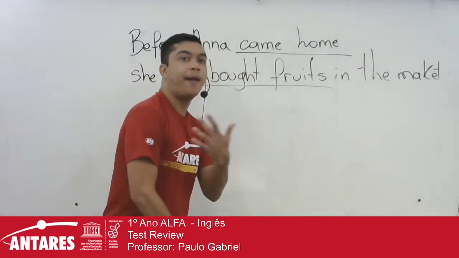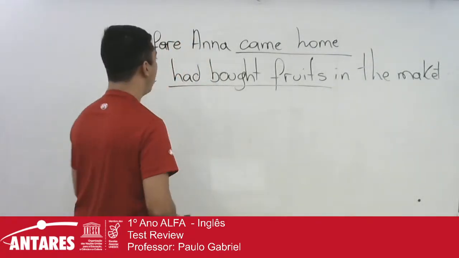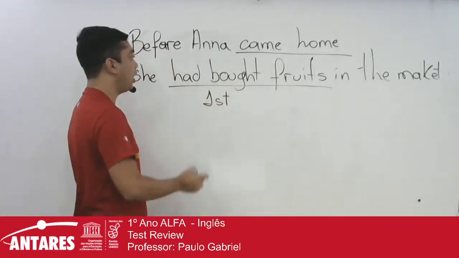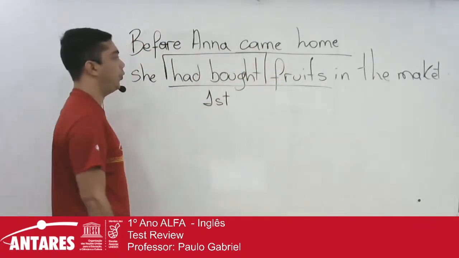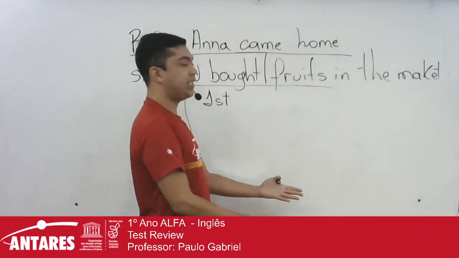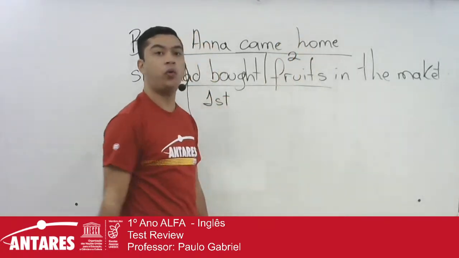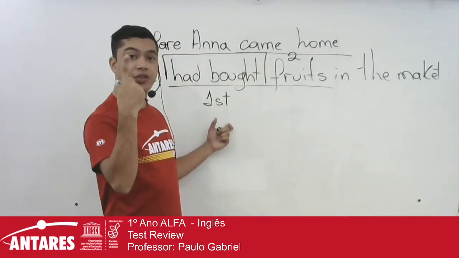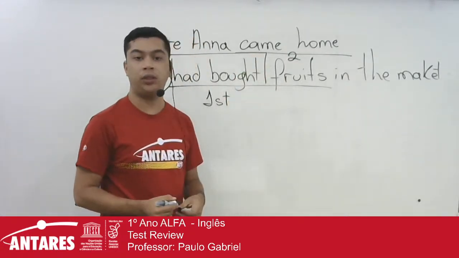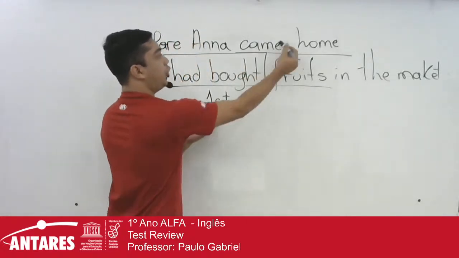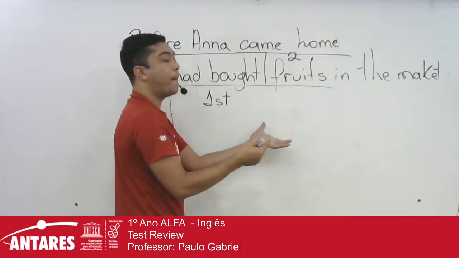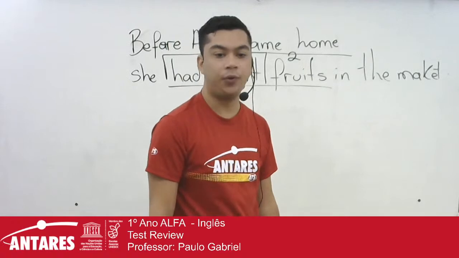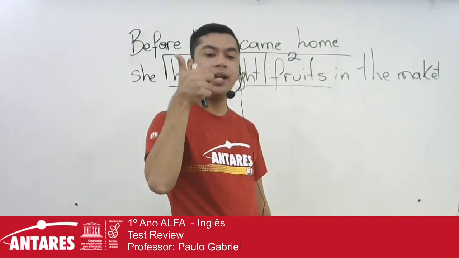One happened before the other one. So what happened first is this one. That's the reason why we use the past perfect. What happened next? She came home. She had bought fruits first, and then she came home. So we're talking about two things that happened in the past, but one happened first and the other one happened after. Okay? I can see that Yasmin answered here.